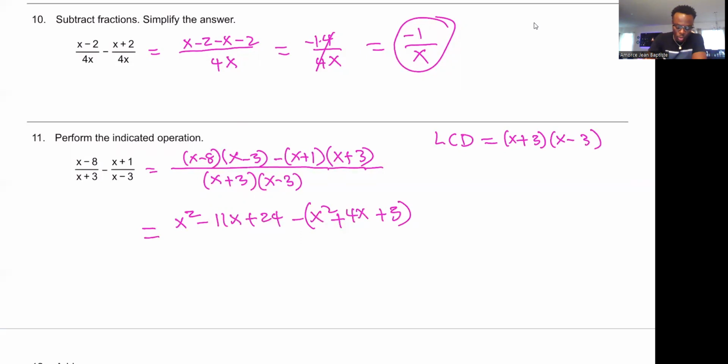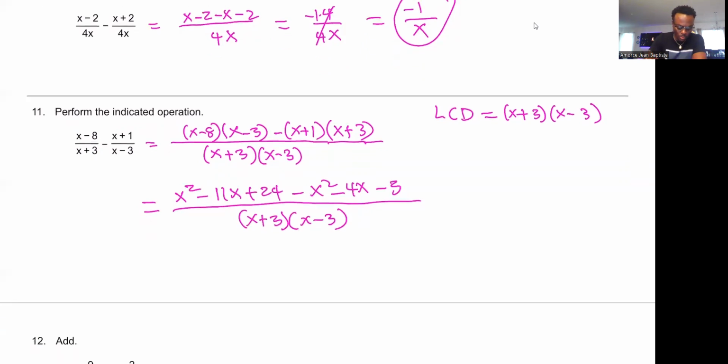If you distribute the negative sign, it'll change all the plus signs to negative. So then that is this over x plus 3 times x minus 3. Combine like terms on top: positive x squared and negative x squared get canceled. Then we got negative 15x plus 21 over x plus 3 times x minus 3.